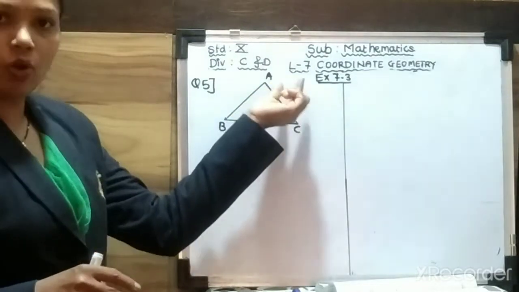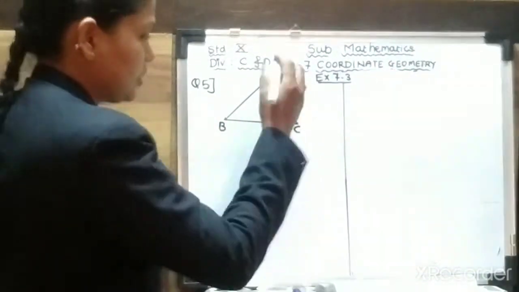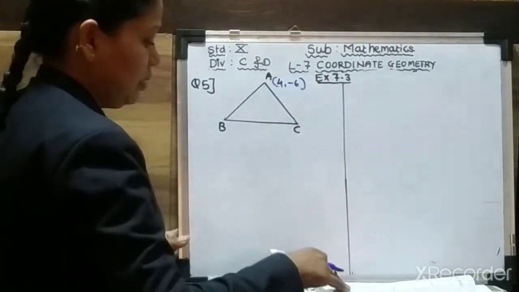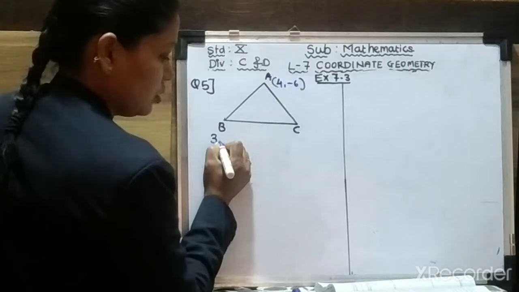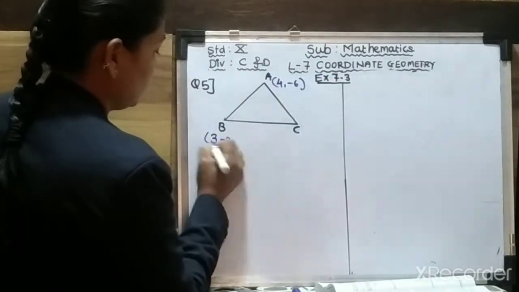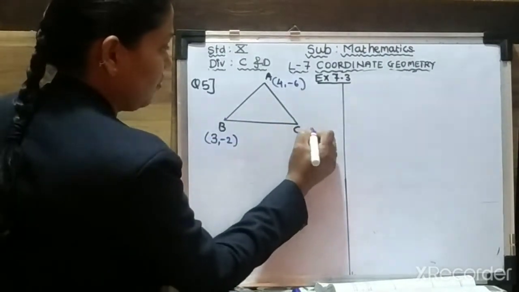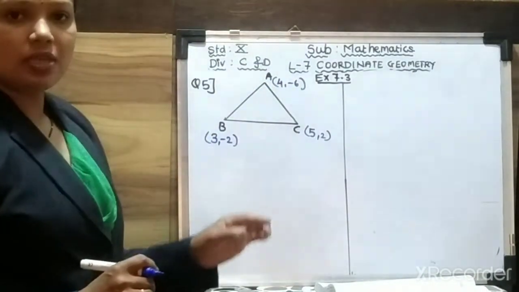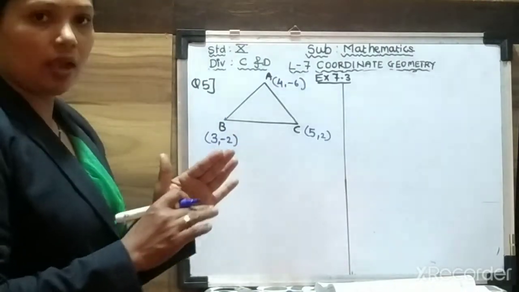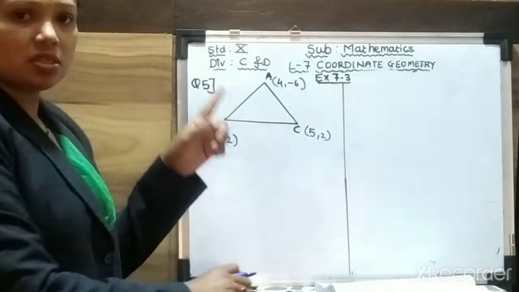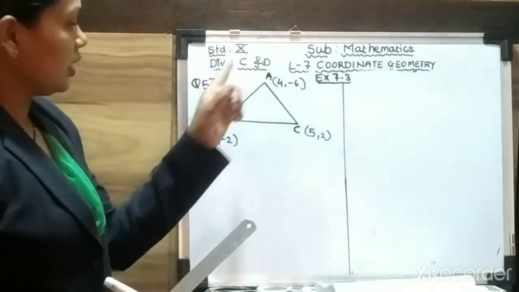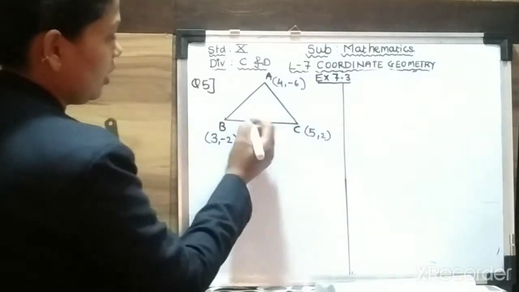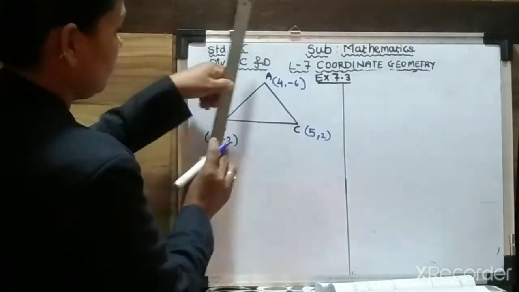So we have the coordinates over here. A coordinates are 4, minus 6. Then B is 3, minus 2. And C is 5, 2. This is the triangle. Now what is asked? The median of a triangle, from any vertex, just join any one vertex with the midpoint of the opposite side. So we will take a midpoint here on BC.